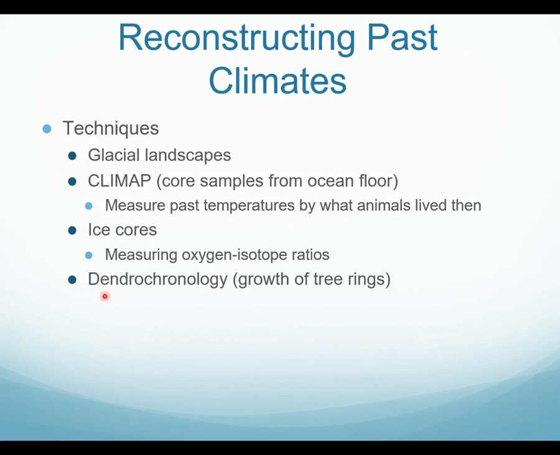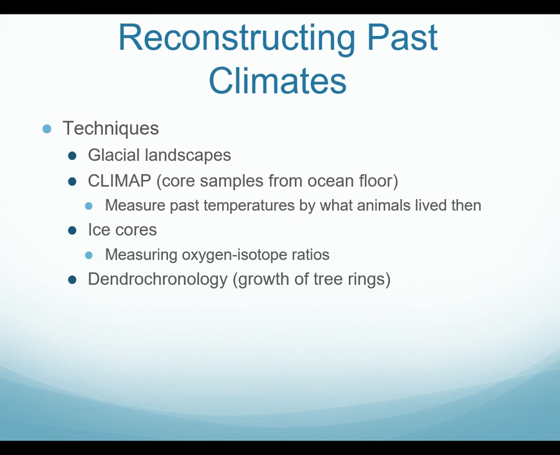Something on a shorter scale would be dendrochronology, dendro meaning plant, chronology time. Basically, we're looking at the growth of tree rings. Every year, the tree forms a new skin, basically the bark of the tree, and the old bark gets morphed into the wood of the interior of the tree itself.